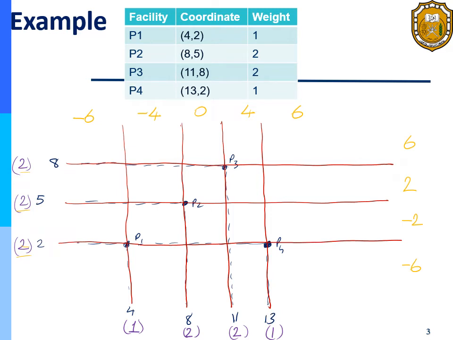It will be the column value divided by row value, and don't forget the negative sign. Minus 6 divided by 6, but there is another minus before, so the slope here is 1. I'm going to represent these slopes in each region within enclosed circles. Let me write it. So this is 1.